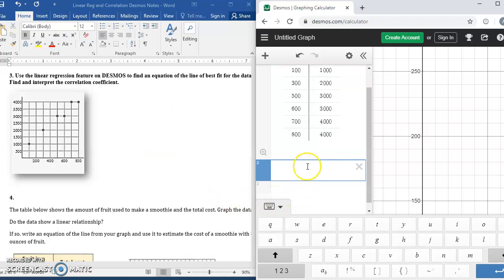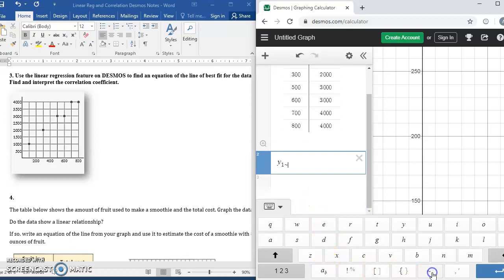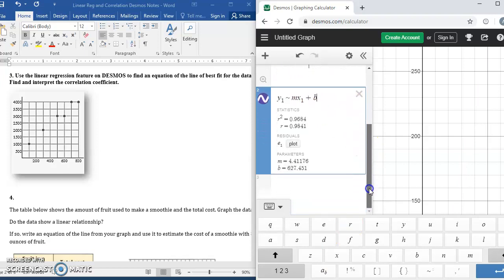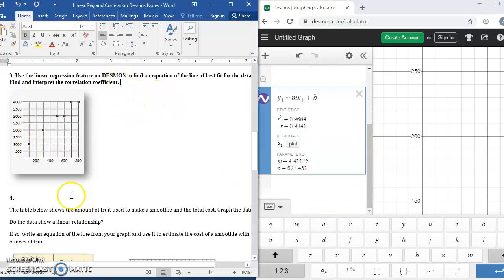So again, Y subscript 1 is an estimate. Let me arrow out of that subscript. And we've got M times all of the X1s from our table plus B. All right, so our equation of this line of best fit, let me write that in here.